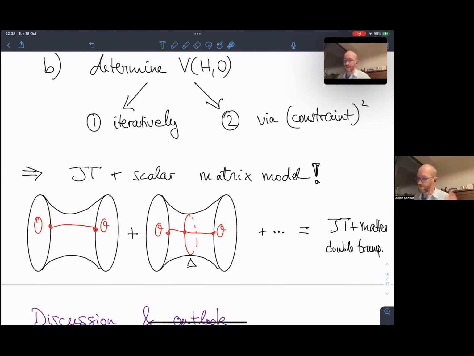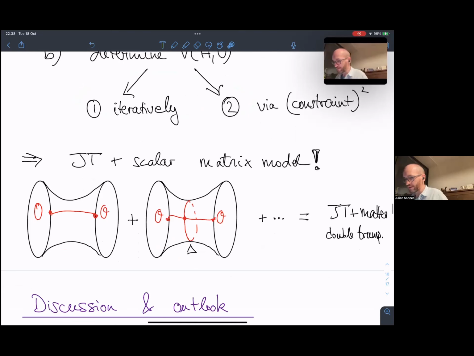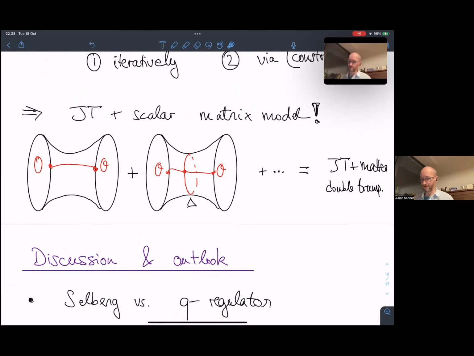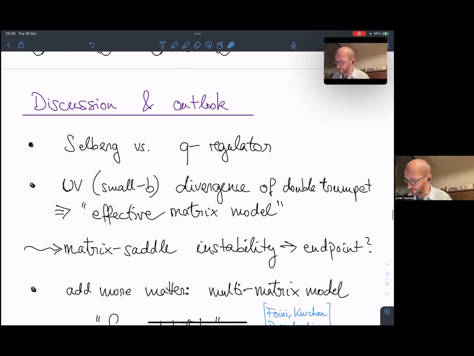And then once we have this potential in hand, we show that it reproduces the correlation functions of JT plus scalar, including the ones on higher topology. So here's an example, JT plus matter on the double trumpet, and we matched it exactly to the matrix model prediction. So let me go then to discussion and outlook.